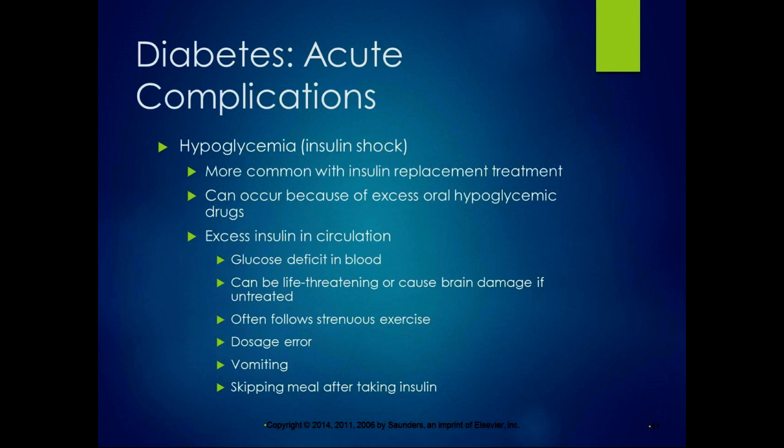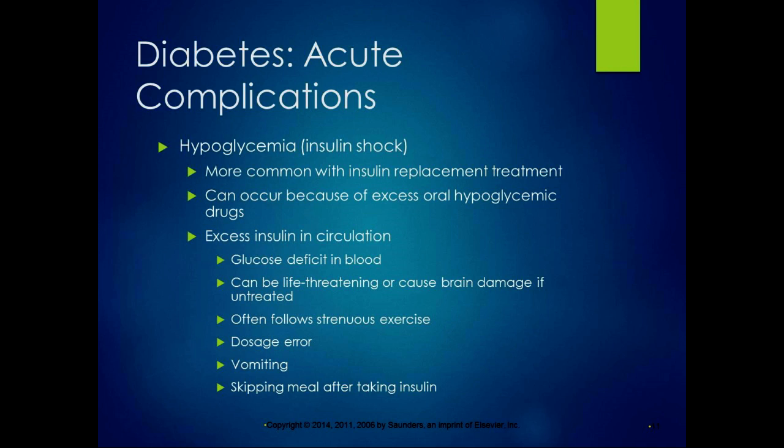So, acute complications of diabetes are hypoglycemia, also known as insulin shock. It's more common with insulin replacement treatment than it is with the other oral medications. It can occur because of excess oral hypoglycemic drugs. So there's excess insulin in your circulation and a glucose deficit in your blood.